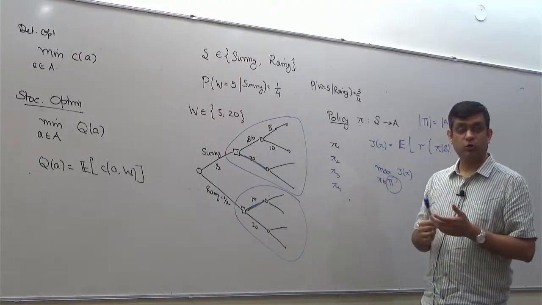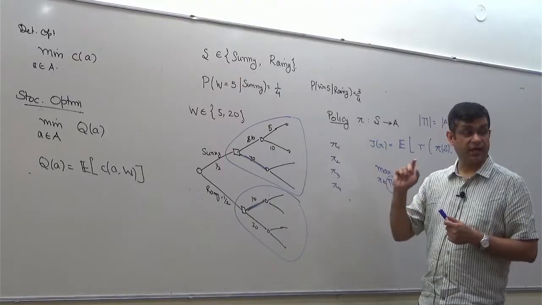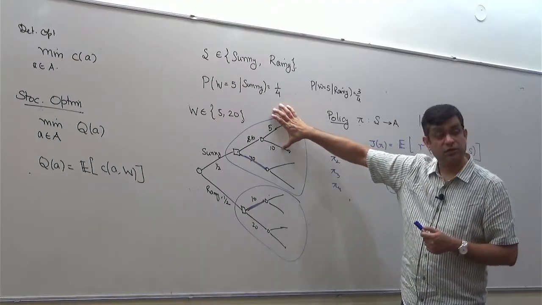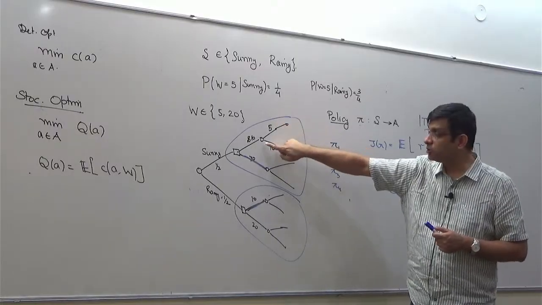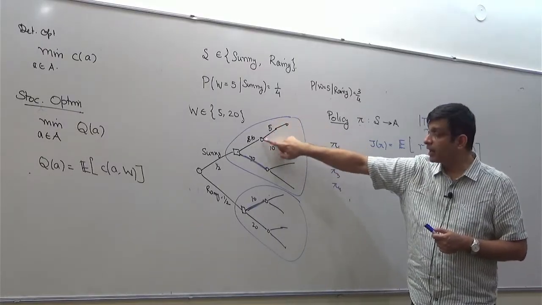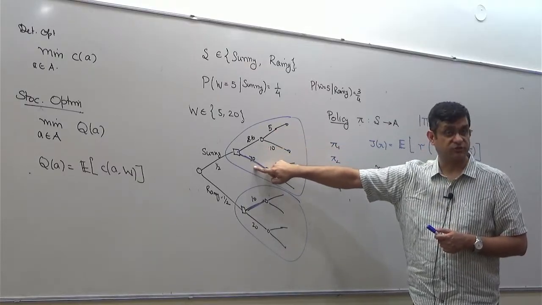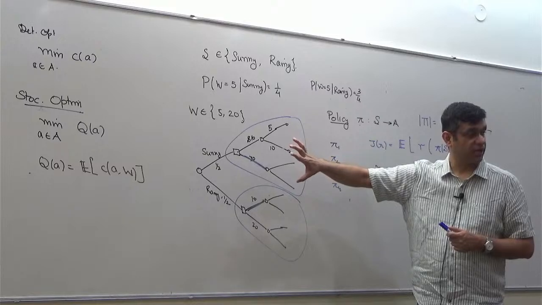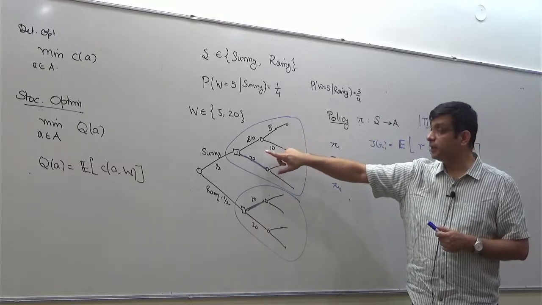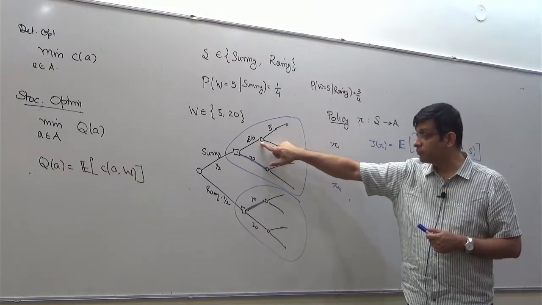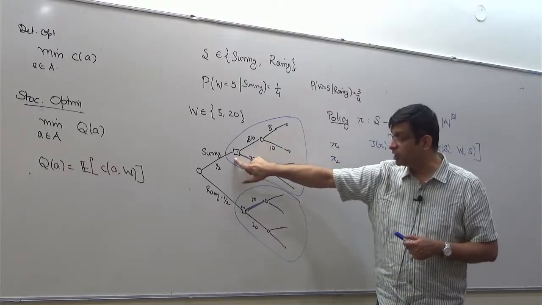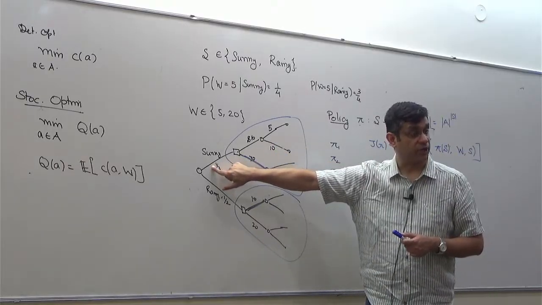So what I'm going to do is exactly the same thing we did last time. Let me look at this tree. What we did last time was I started at this node, and I computed this function which was some function of this section and some function of this section. I'm going to do the same thing again here. The difference is going to be that this node, when I'm doing the averaging, does not depend only on this. It also depends on what happened before that.